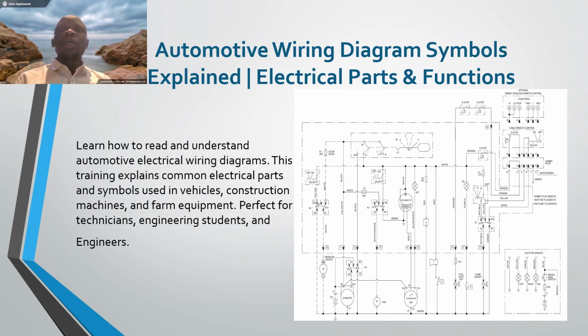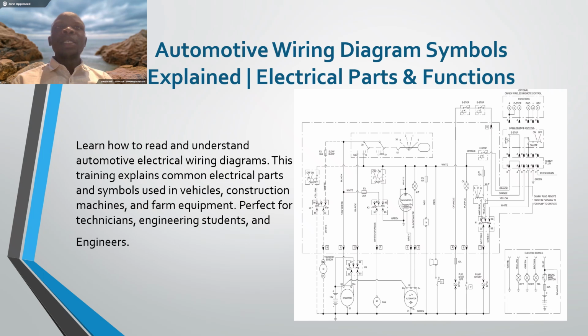In automotive wiring diagram, symbols will be explained, and it will explain electrical parts and functions. Today we are going to learn how to read and understand automotive electric wiring diagrams.